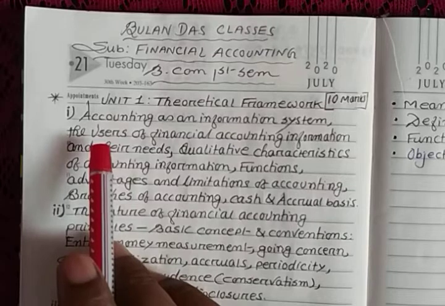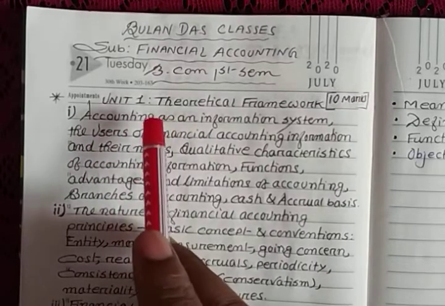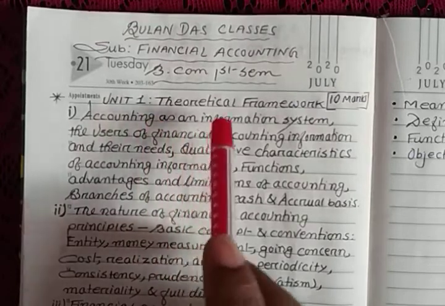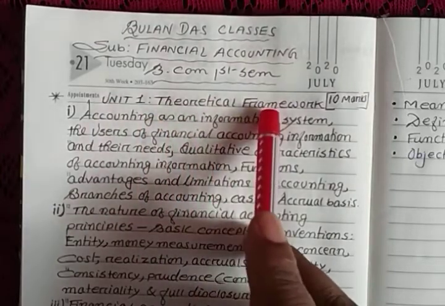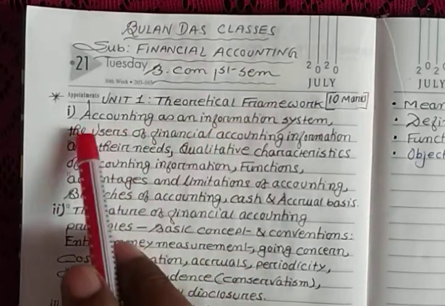Today I will talk about unit number 1. Unit 1 is the theoretical framework. In this unit, there are 3 topics.